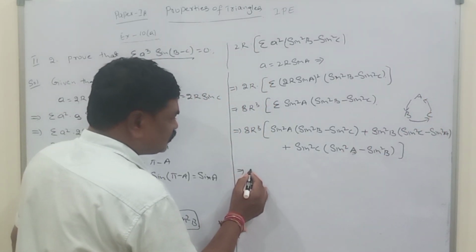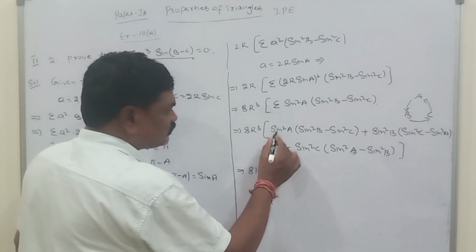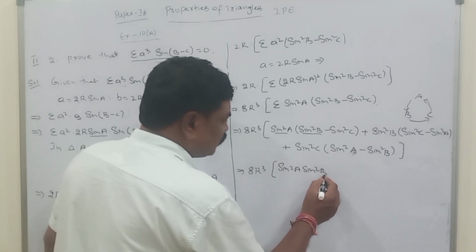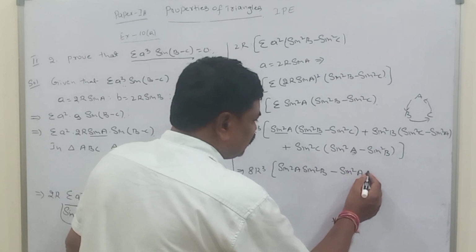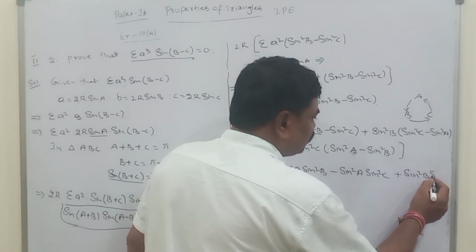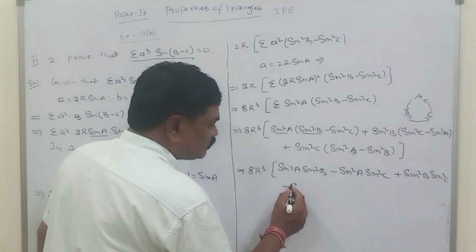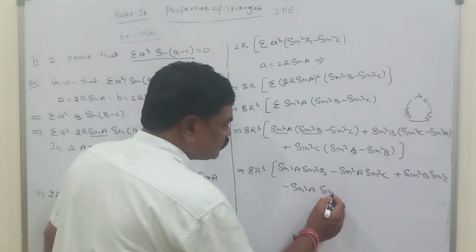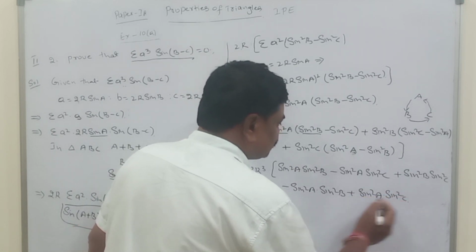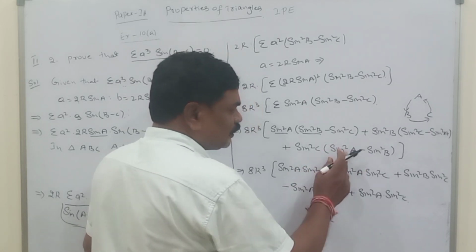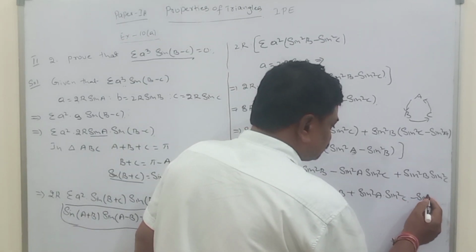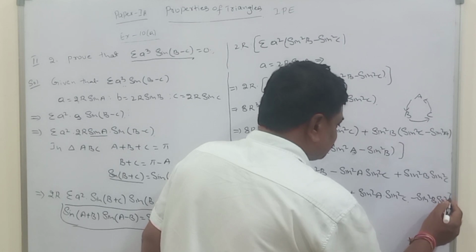So it can be written as 8r cube common: sine square A into sine square B minus sine square A into sine square C plus sine square B into sine square C minus sine square A into sine square B plus sine square A into sine square C, or you can write sine square C into sine square A, minus sine square B minus sine square C is there.